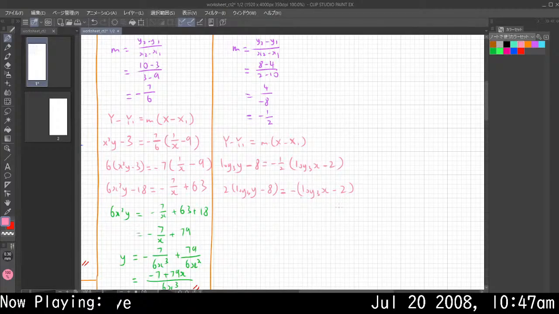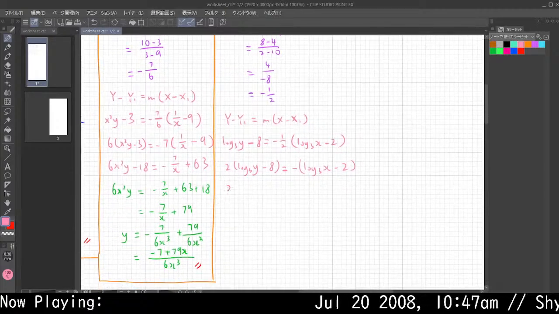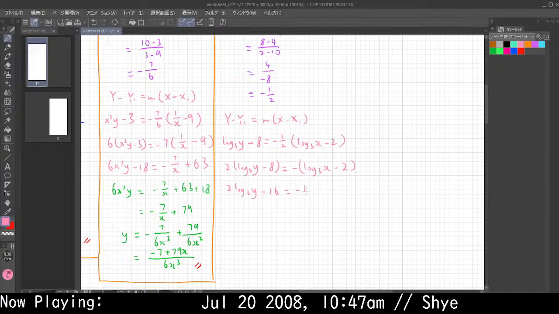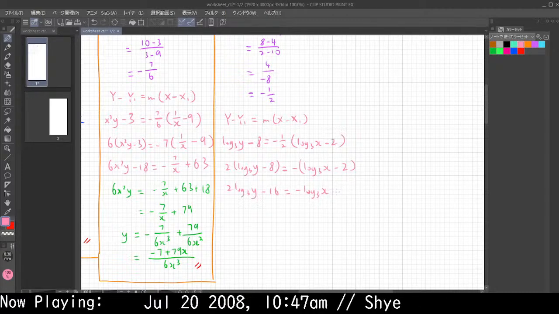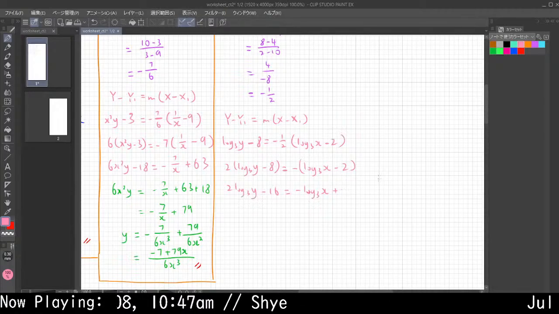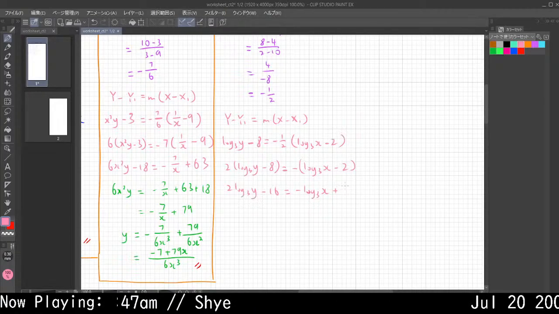Okay, negative 1 multiplied by the bracket. 2 I multiply in neg log base 3x minus neg by neg become pos, and minus become plus, neg become pos 2.